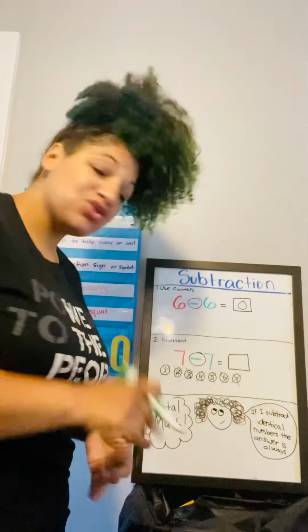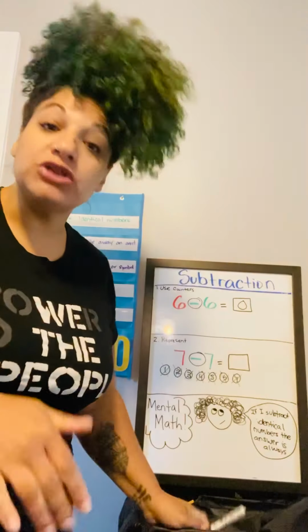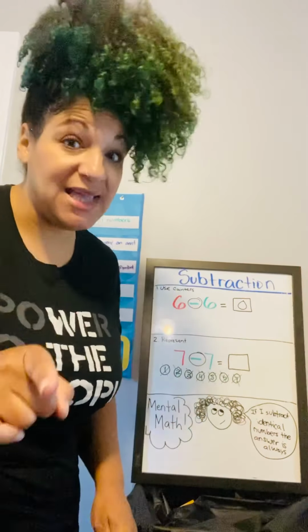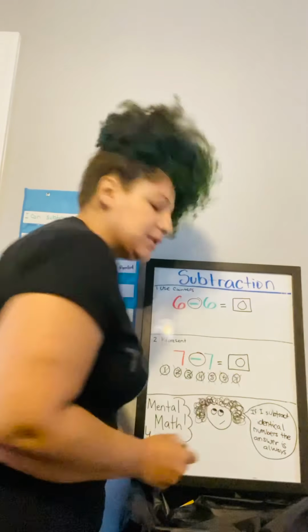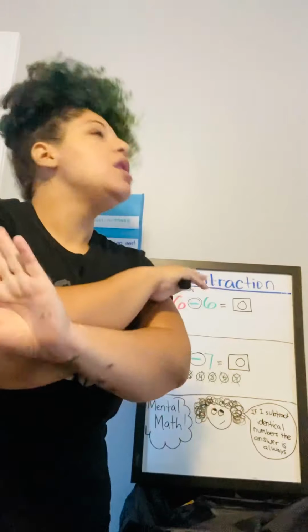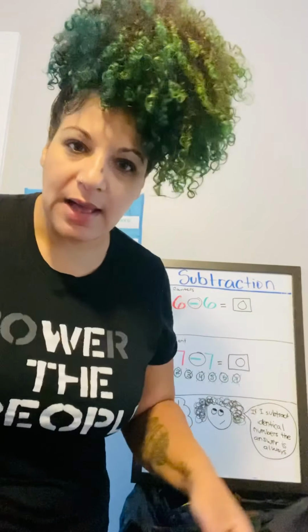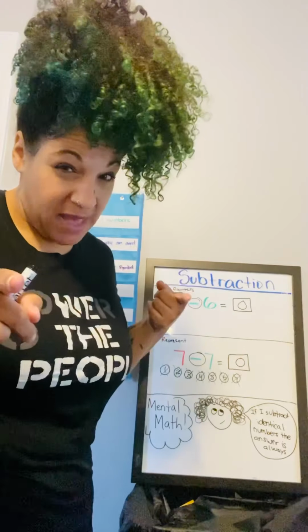I have no circles that are left. All of my circles have X's in them, which means that all of them have been taken away. So my answer is a big old 0. And 0 means nothing at all. I have nothing. Are you noticing the pattern?